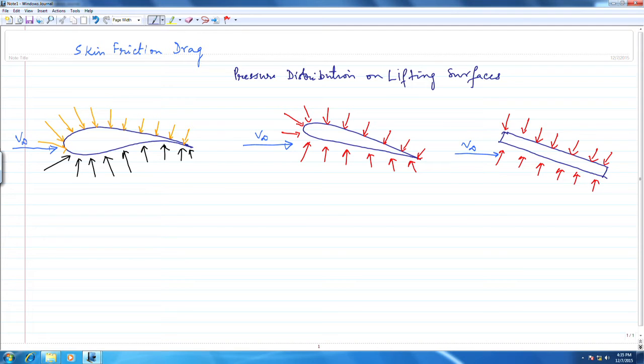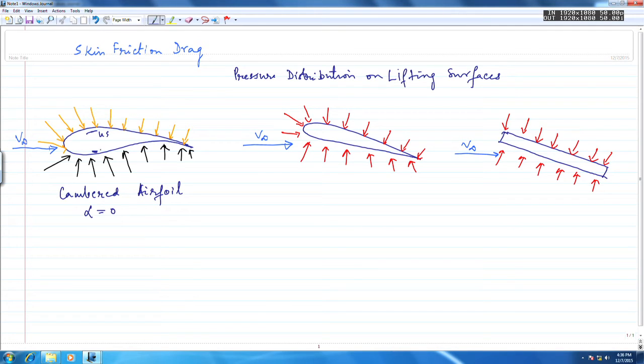Now this one, as you can see here, is actually a cambered airfoil. Sorry. As you can see, the angle of attack is actually 0. But this is going to lift, because there is a differential pressure distribution on the upper surface and the lower surface.